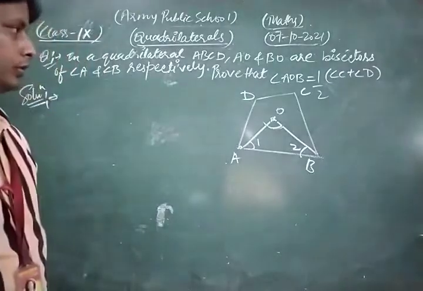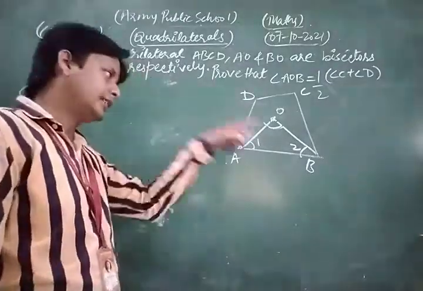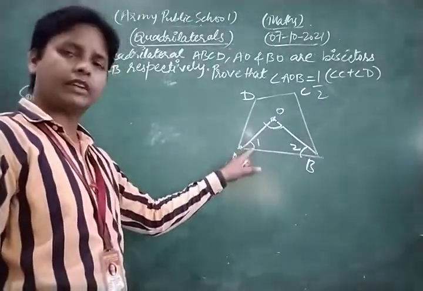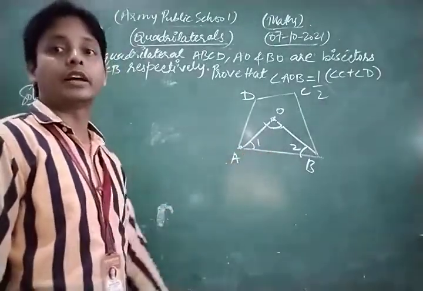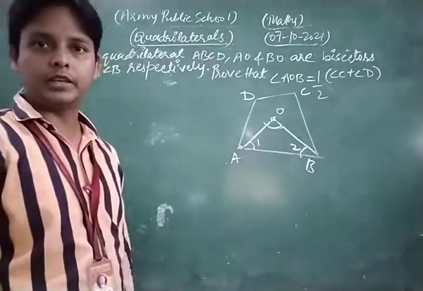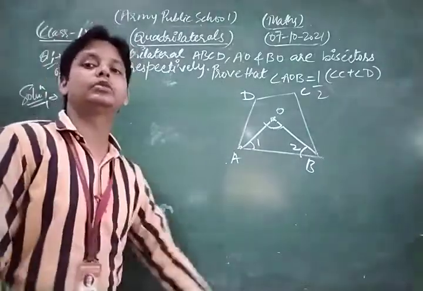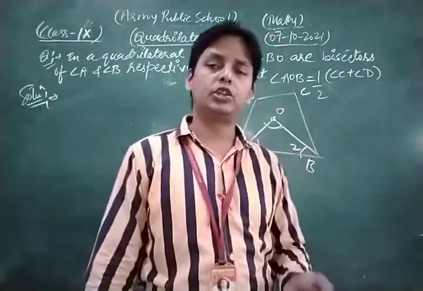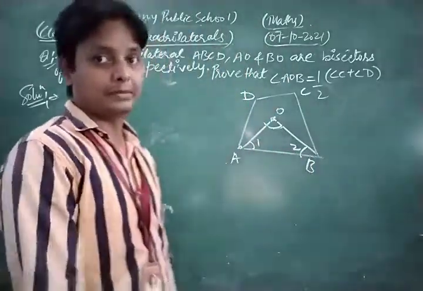Now look, this is the bisector of angle A. So it is clear that angle 1 is equal to half of angle A and angle 2 is equal to half of angle B, because these are bisectors, and you know that the bisector of any angle divides the given angle into two equal parts. So this is the concept of that.